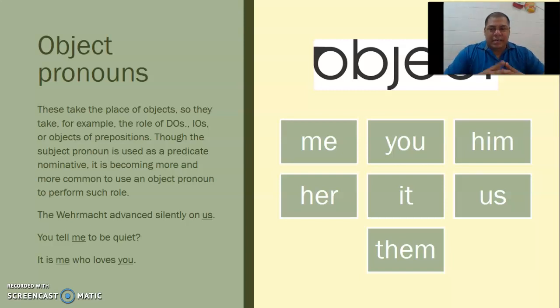Now, check out the theory over there. Although the subject pronoun is used as a predicate nominative, as I just explained a couple seconds before, it is becoming more and more common to use an object pronoun to perform such role. Now, see the examples over there.